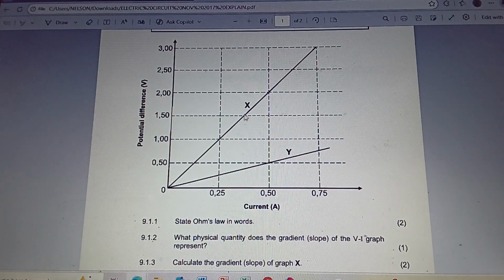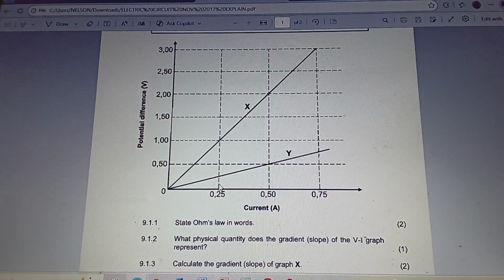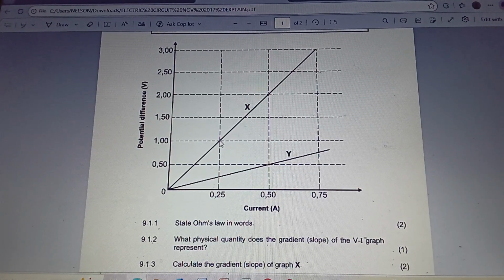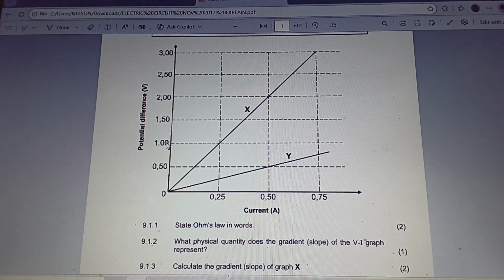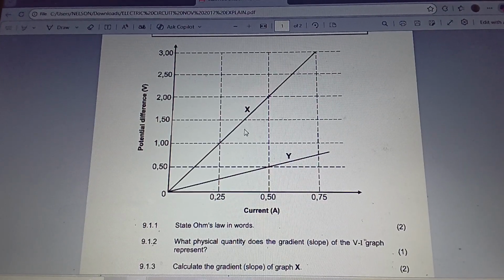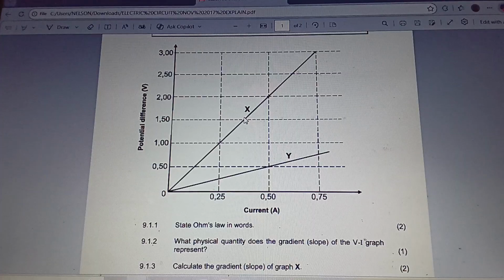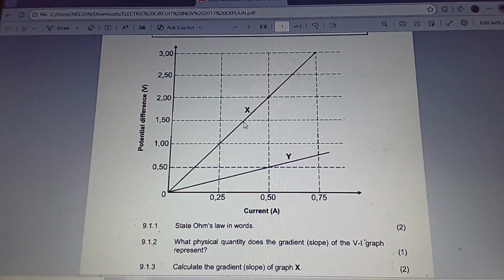Either you can say 0, 0, and 0.25, and then 1.00, but here it is very difficult to choose the points. Yes, we know that it is 1.50, but for current it is somewhat of an estimation, so it's very difficult to choose this one.